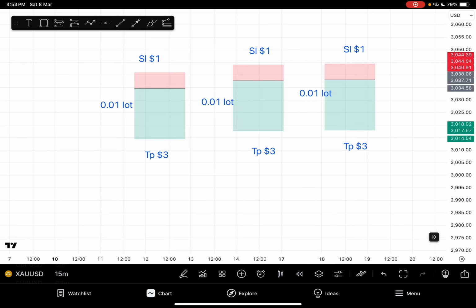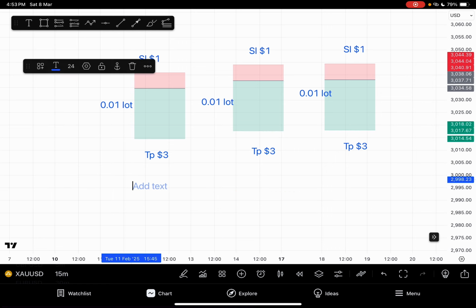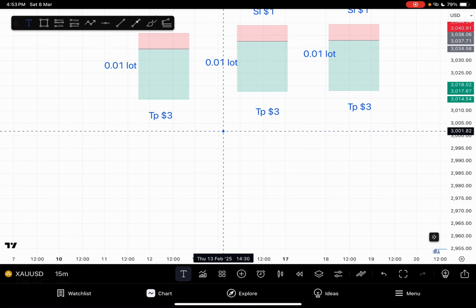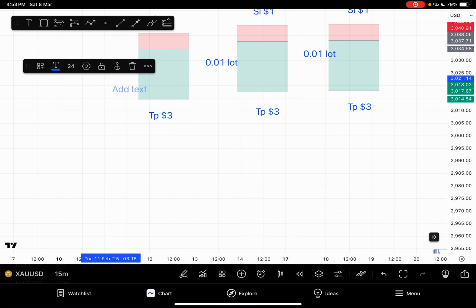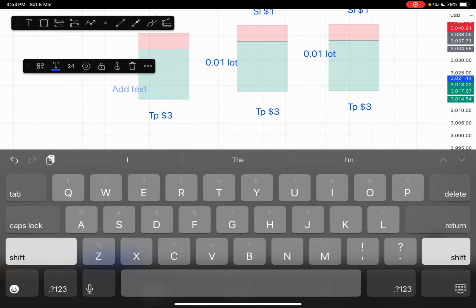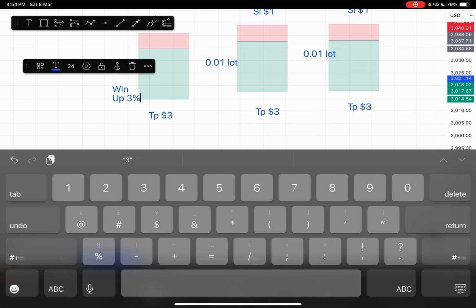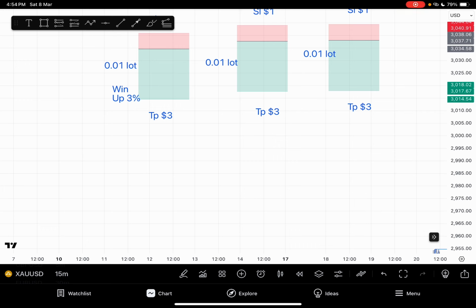Imagine I win this first trade now. If I win this first trade, I'm risking 1% to gain 3%. So if I win this first trade, I'll be up 3% for the day.